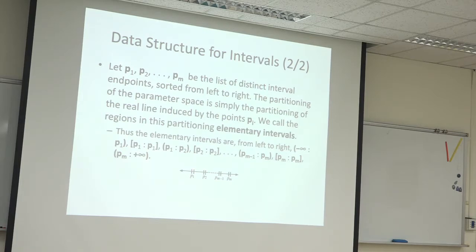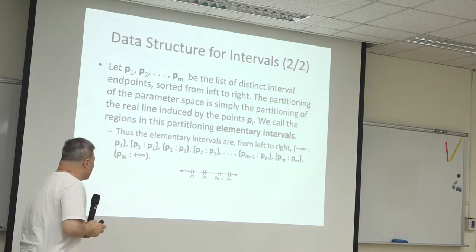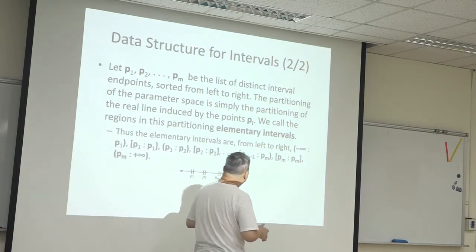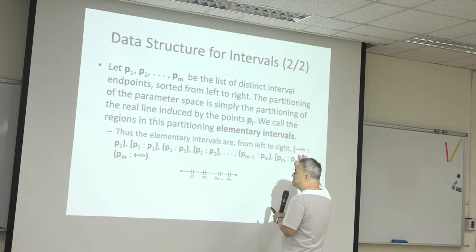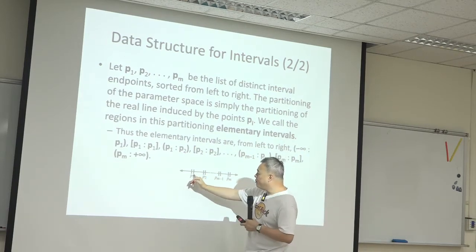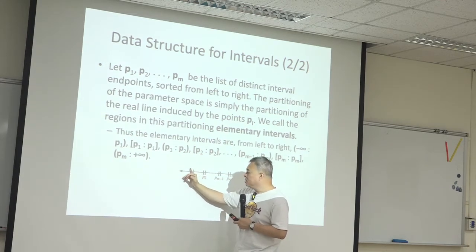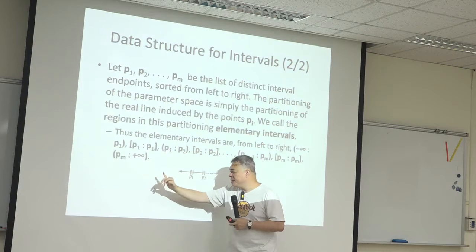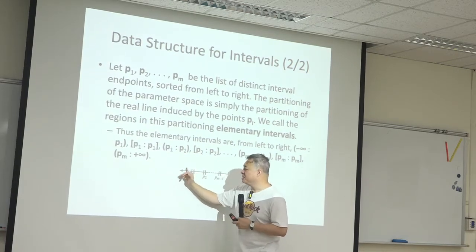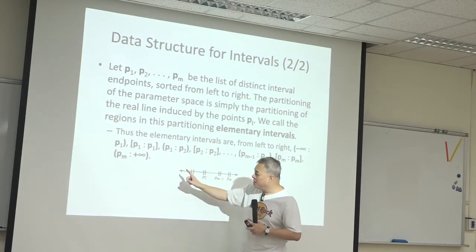We call the regions in this partition elementary intervals. It's a little bit special. You have negative infinity to P1, where P1 is the leftmost endpoint. So from this point to infinite left, this is one region, but be very careful.